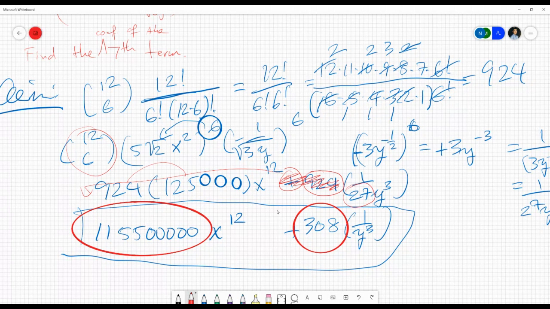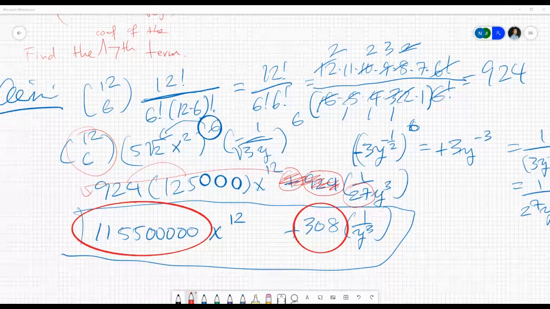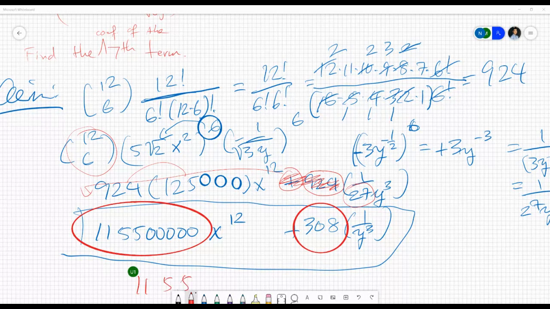Okay. So I see. They're not separate terms, they were multiplying by each other. Mm-hmm. Okay, so then it would be 115500000 x12 over y to the third.